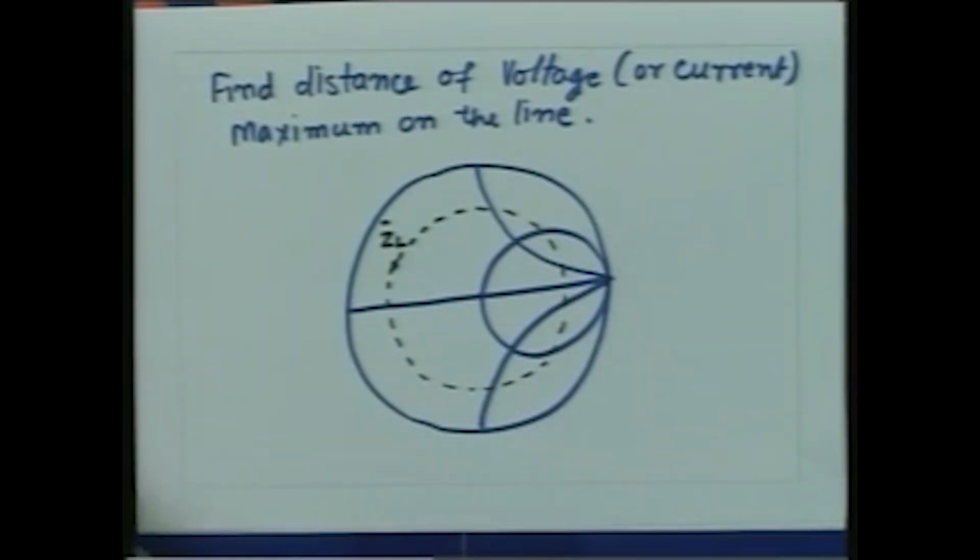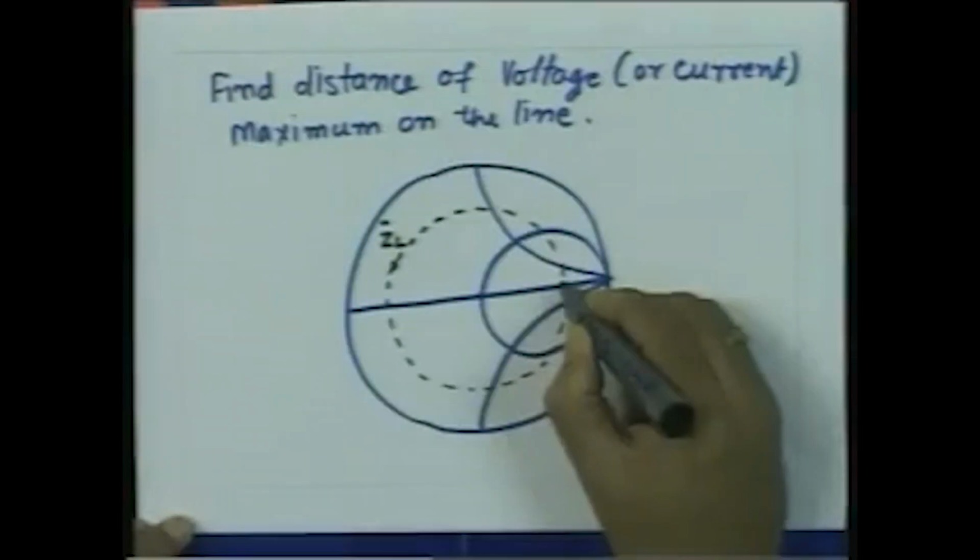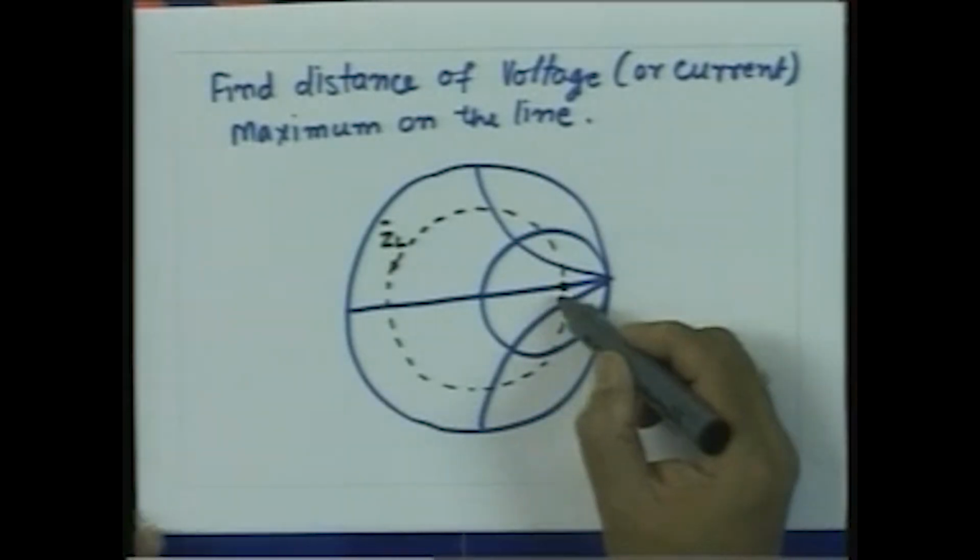Now, if you go back to your basic understanding of the transmission line, we know that at the voltage maximum the current is minimum. So, at that location the impedance seen is the maximum impedance, which is nothing but R max, and wherever you have voltage minimum, at that location the current is maximum and the impedance seen will be R minimum. That means the extreme point, which is this point, corresponds to an impedance which is R max.